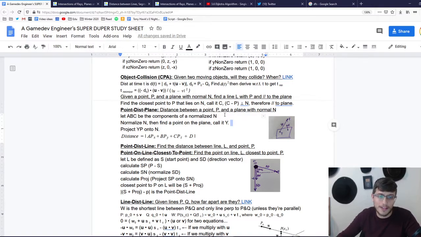And so in the case of a P and the normal, all you need to do is project any point from the plane. You can create a line called YP, where Y is any point on the plane and P is the point you want, right? And so you take YP and you just project that onto the normal, and that will give you the distance.